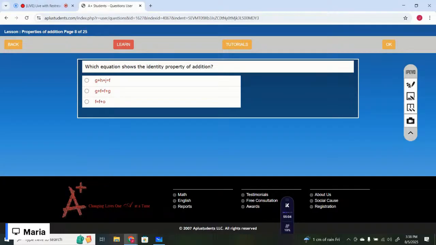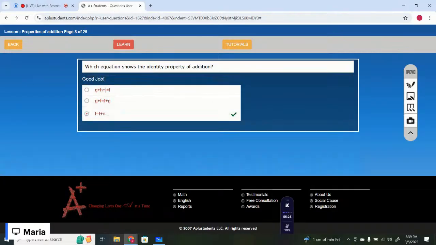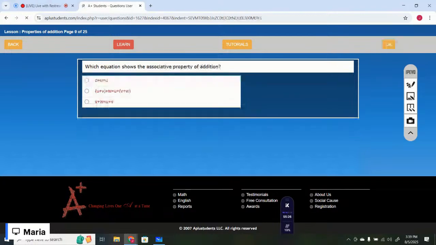Which equation shows the identity property of addition? The identity property of addition is f equals f plus 0. Option number 3 is the correct option. Okay, you can complete the lesson by yourself later today.